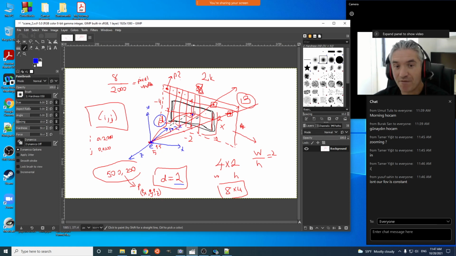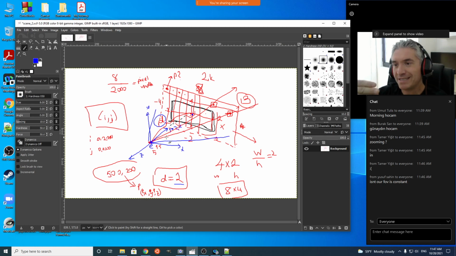What happens when we get the image window closer to our cells? If you look at the boundaries, they are going to have a larger angle. If this D is closer, the field of view angle is going to get larger, which means you're going to be seeing more.